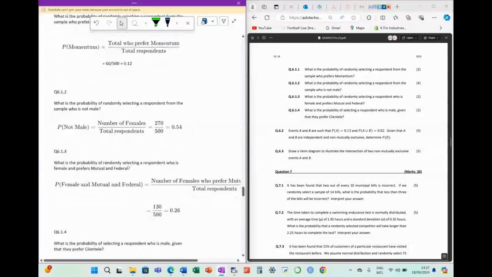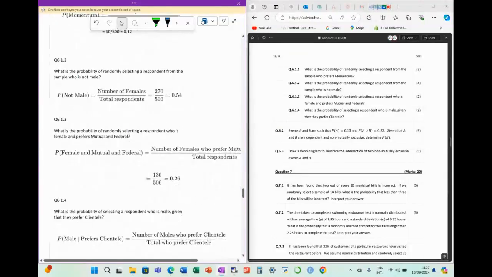No problems there. What is the probability of randomly selecting a respondent from the sample who is not male? Again, here we know there's two ways we can calculate it. Fortunately, we only have males and females, so we can just take the total of females over the total respondents.